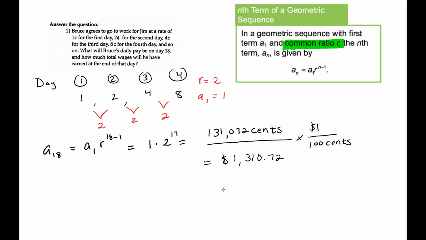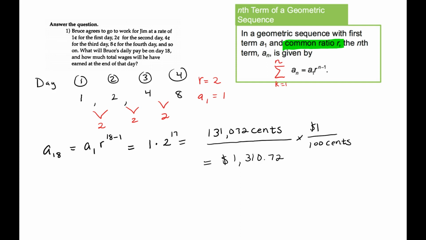So now the question is, how much total wages will he have earned at the end of the day? So let's think about that for a second. In order to answer that question, we have to take a little bit of a different approach to the formula. What we're going to do is take the sum of the first n elements. In this case, we're going to say, from k equal 1 to 18. But it's really the first n elements that you're looking for.